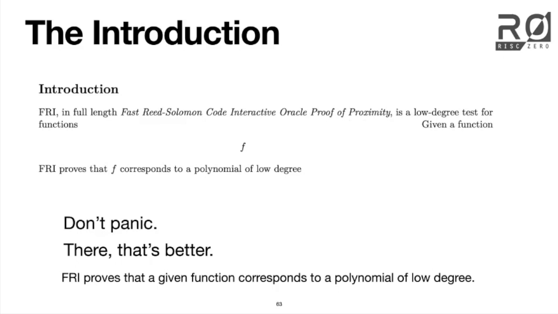Given a function called f, FRI proves that f corresponds to a polynomial of low degree. And this word corresponds means is close to rather than is exactly the same as.